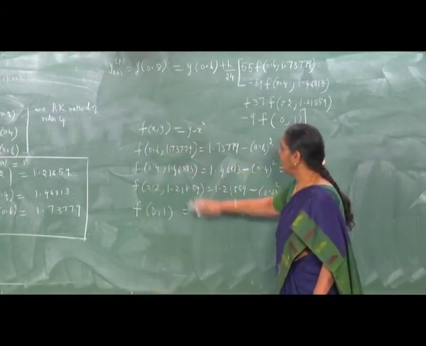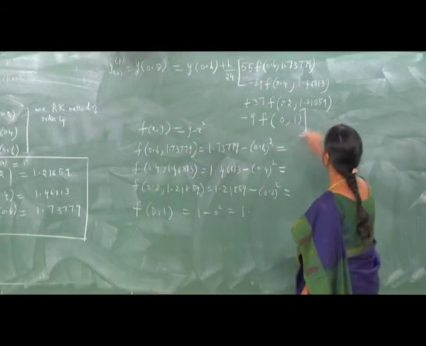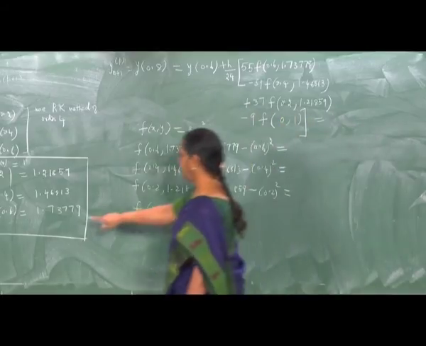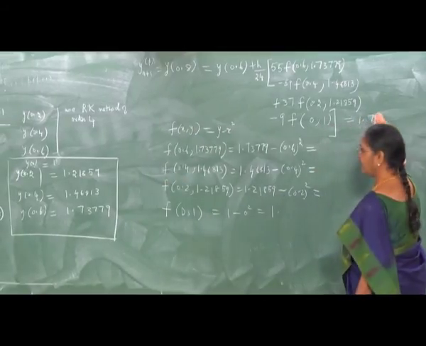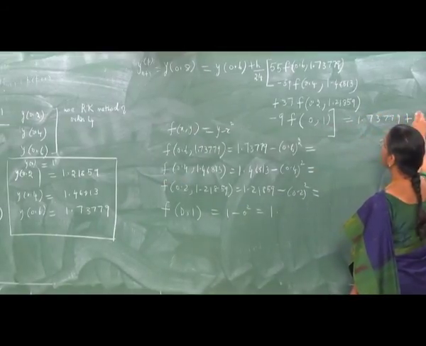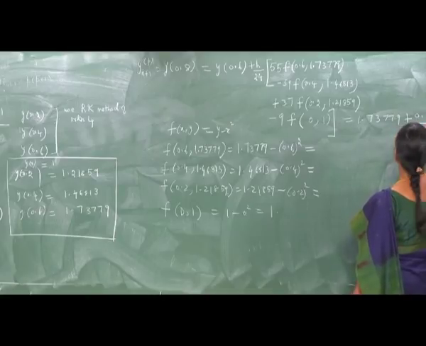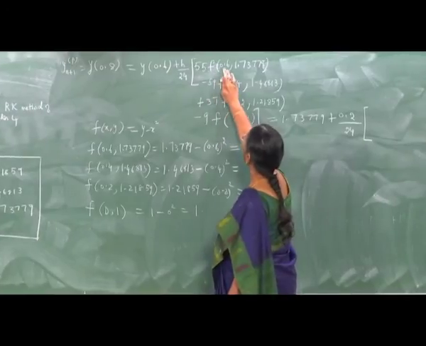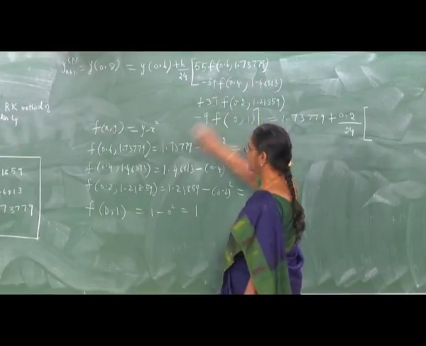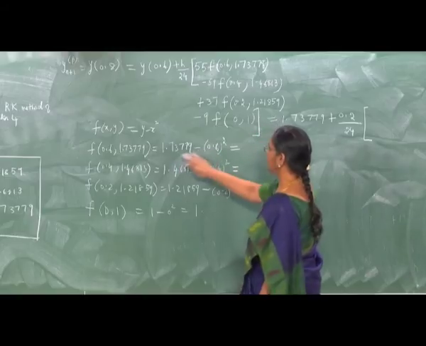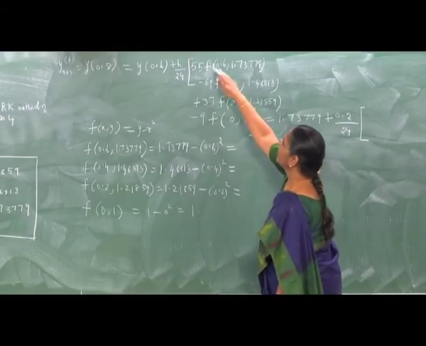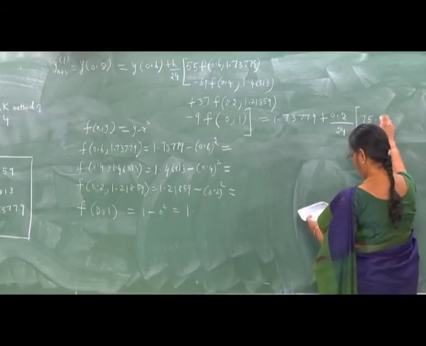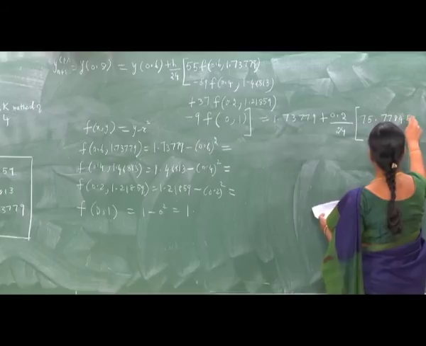I substitute these values in this formula, and that gives me y at 0.8, which is 1.73779 plus h, which is 0.2, by 24 into 55 times f of 0.6 comma 1.73779, which is this value, and I have to take 55 times this value, and that turns out to be 75.77845.